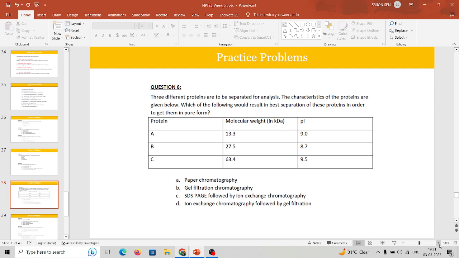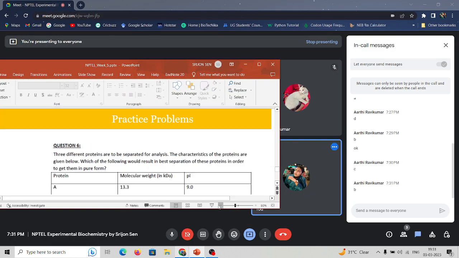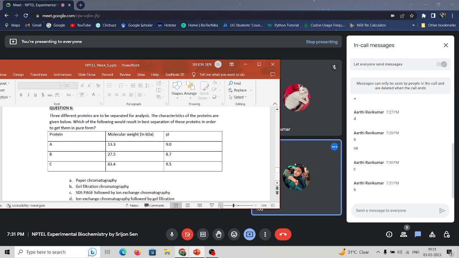Another one has a molecular weight of 27.5 and pI 8.7, and the other one has a molecular weight of 63.4 and pI of 9.5. So which of these chromatography techniques would you be using, and why? Okay, you say B. Tell me why.